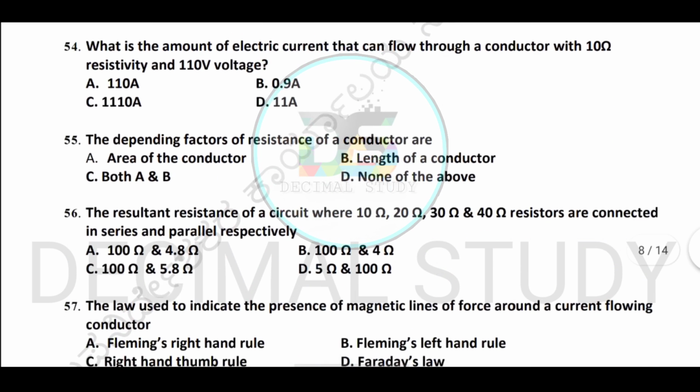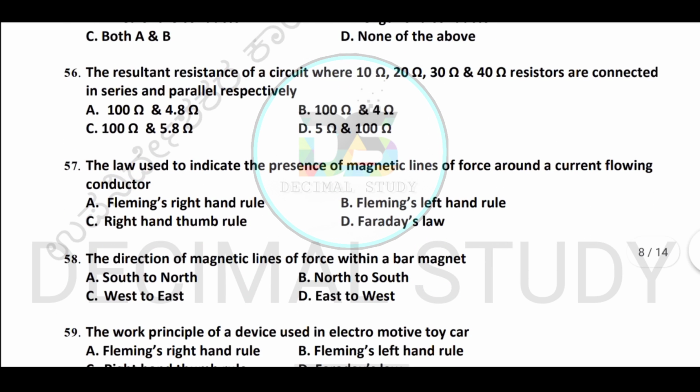Question number 56. The resultant resistance of circuit where 10 ohms, 20 ohms, 30 ohms and 40 ohms resistors are connected in series and parallelly respectively.